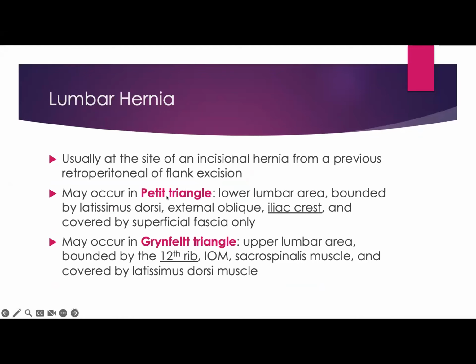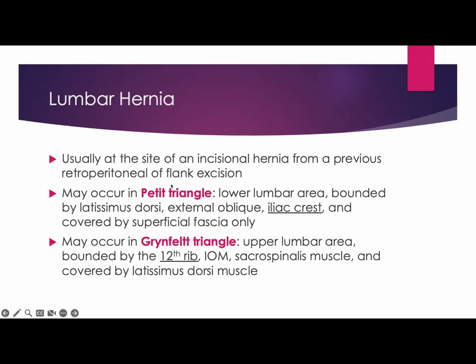And then we have the rarer types of hernias. So we're going to talk about the lumbar hernias. In regards to this type, you also just have to memorize the location, okay, because these are very rare types of hernias. So we have two different locations.